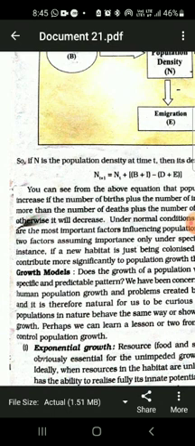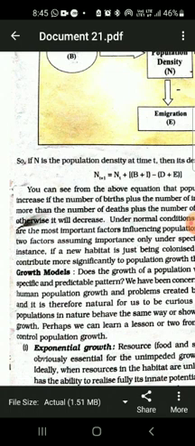So N t plus 1 is equal to N t plus B plus I minus D plus E. That is, the population density at t plus 1 time will be equal to the density of population at time t plus the two factors that are increasing the population of an area, B plus I, that is natality and immigration, and minus D plus E. D plus E is mortality and emigration.